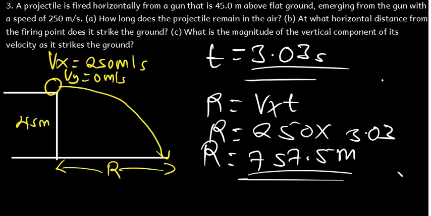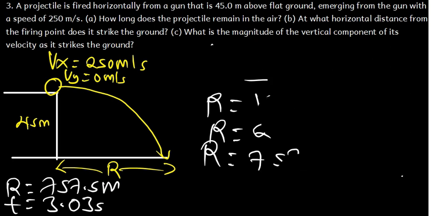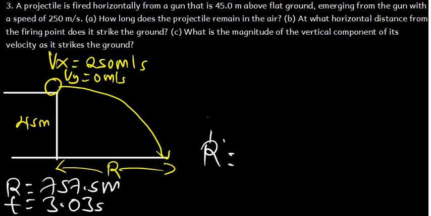Okay, so the last question, let me just put the range here to create space, and then let me put the time here, which is 3.03 seconds. So I'll get rid of this. Now part C is saying what is the magnitude of the vertical component of its velocity as it strikes the ground.